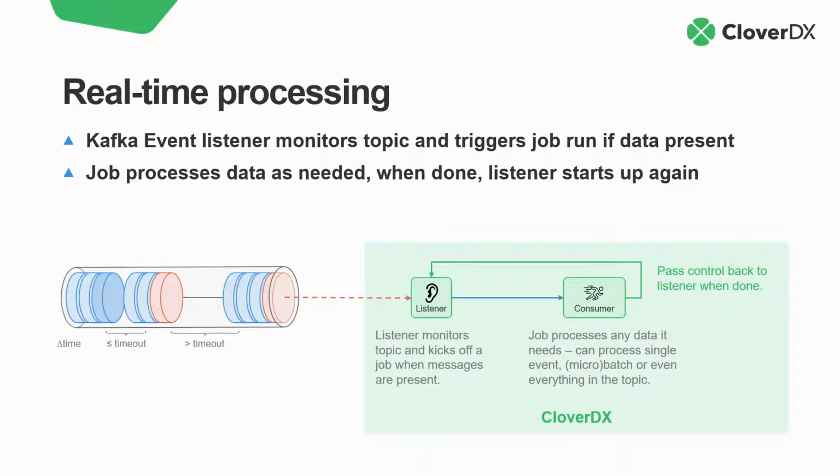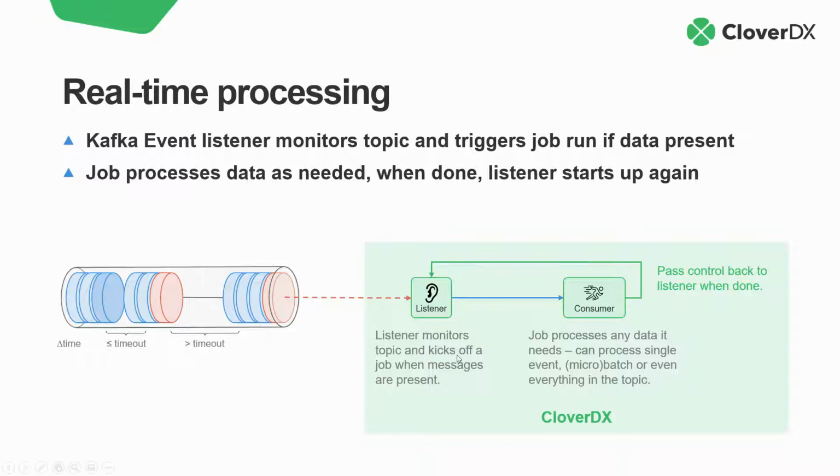Here is how an event listener, configured in Server, and a consumer, built in Designer but running on Server, can combine to create a streaming application. On the left, we have a Kafka topic of interest. Events arrive continuously, but in a non-uniform stream with occasional time gaps or activity bursts.